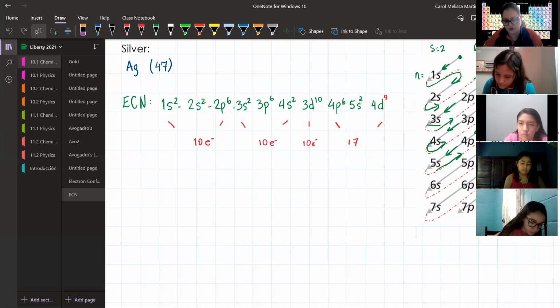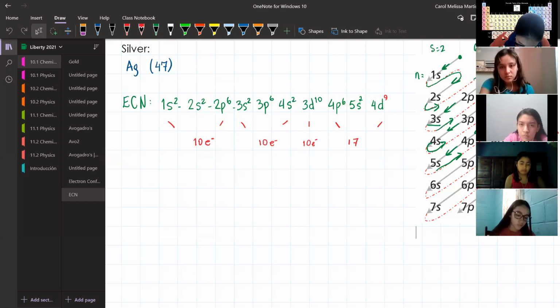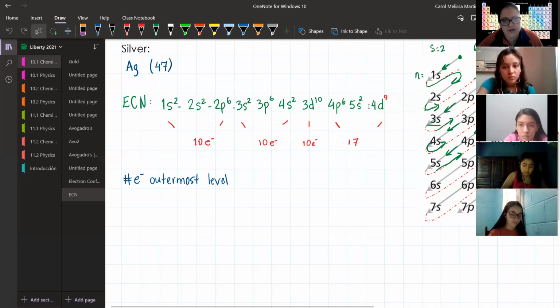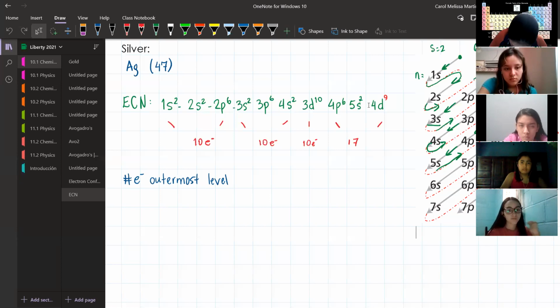If you want to make sure, you can still do it. You can count again and make sure that you have it completed. Now, what comes next? We need to get the number of electrons in the outermost level. What is the outermost level in this configuration? What is the greatest quantum number? 5. 5s squared.